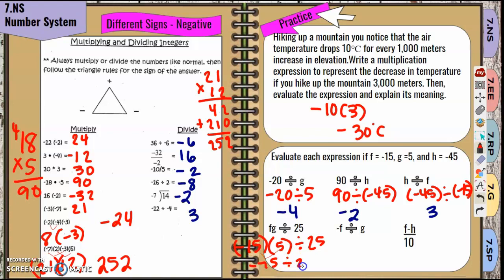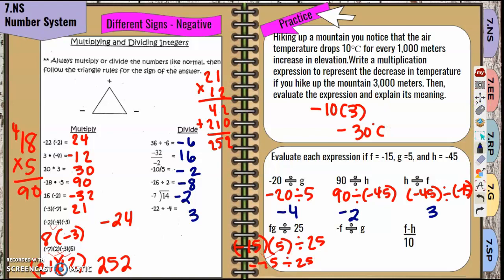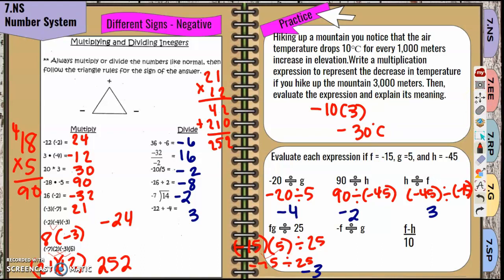Bring everything else down. 75 divided by 25 is 3. And a negative divided by a positive is a negative. For the next one, the opposite of f, so the opposite of negative 15, divided by g, which is 5. So the opposite of negative 15 becomes positive 15. And we know that 15 divided by 5 is positive 3.